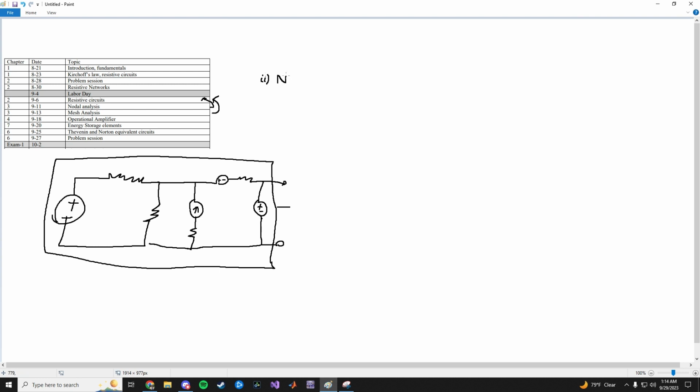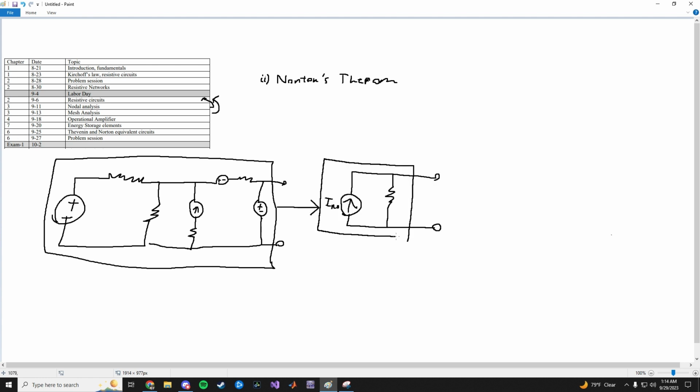Number 2, Norton's theorem. Norton's theorem states any resistor network, and this is inside of a black box. So that is Norton's theorem.